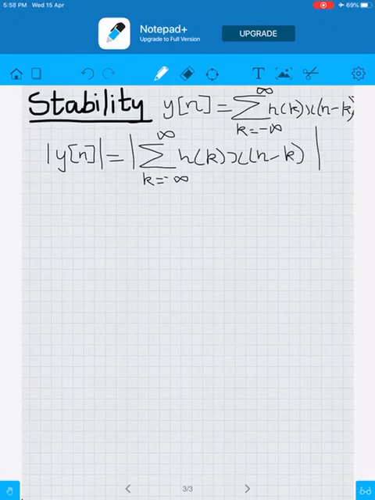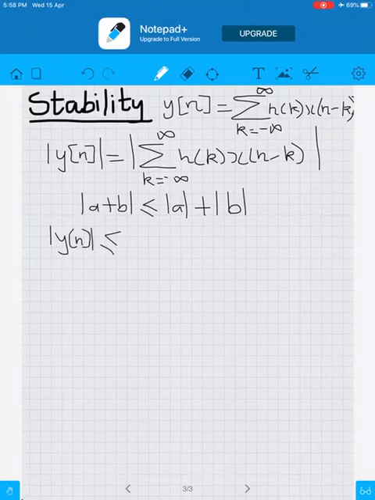Now we know that the magnitude of the sum of two numbers is always less than or equal to the sum of their individual magnitudes. So applying this condition, I can write magnitude of y of n is less than or equal to summation k is equal to minus infinity to plus infinity magnitude of h of k into x of n minus k.